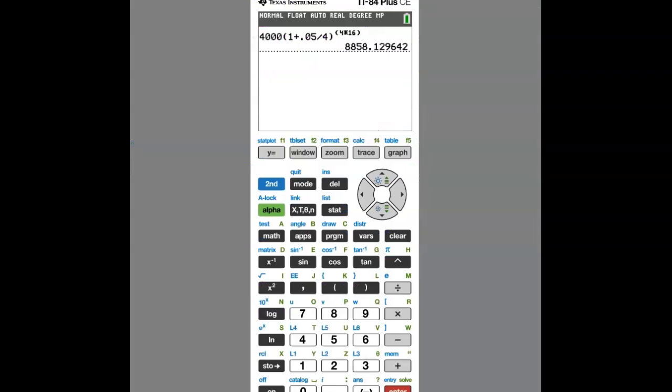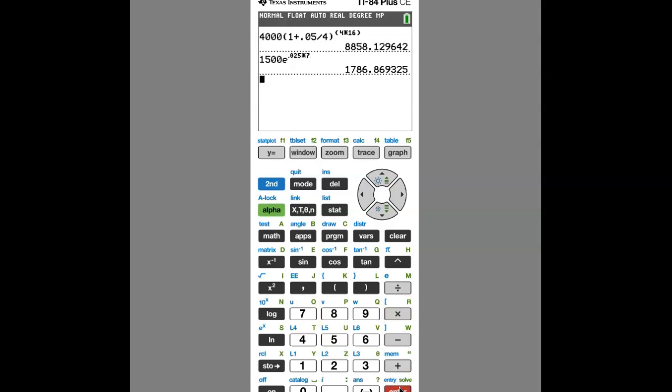All right, let's figure out what that is. 1,500 times e, so second, and then that ln key stands for natural log. Our power now is 0.025 times 7.